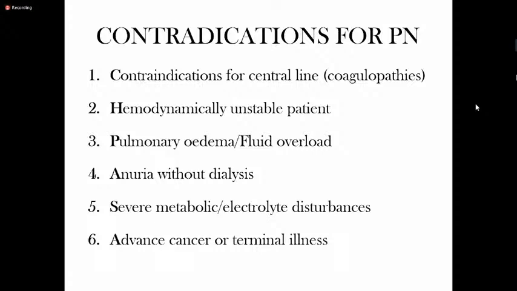We cannot give parenteral nutrition when we have coagulopathies. Patients who have coagulopathies, we cannot put any foreign material in their veins. Patients who are hemodynamically unstable, like patients who have edema, for example, patients who have pulmonary edema and other fluid overload. Patients who have renal failure and are on dialysis.